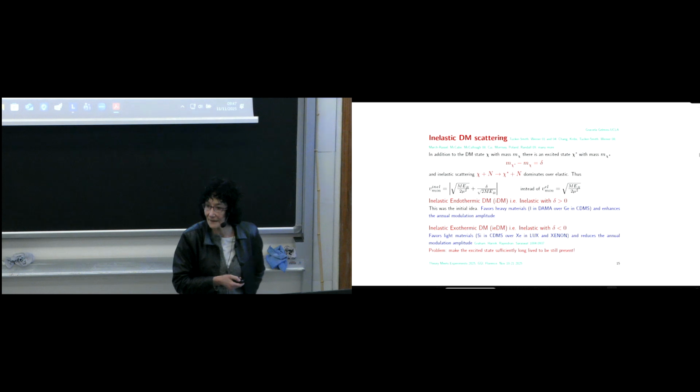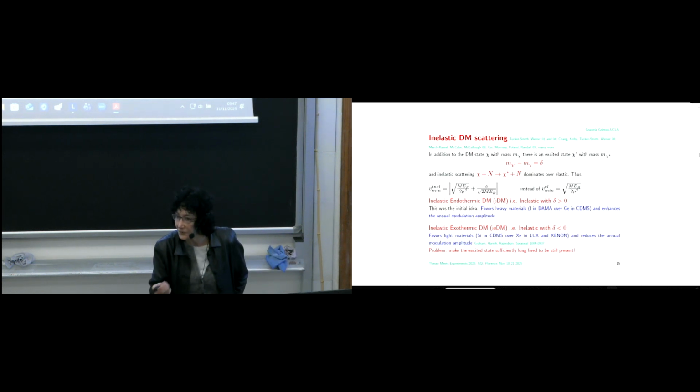Now, let me mention briefly why inelastic dark matter was brought into the game. This was to favor some materials and disfavor others. This was the time in which some experiments, for example, DAMA, had a signal, and then others, germanium or xenon, didn't have them.